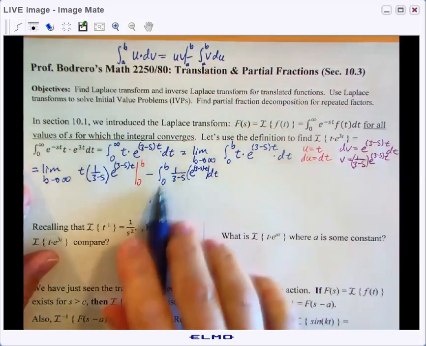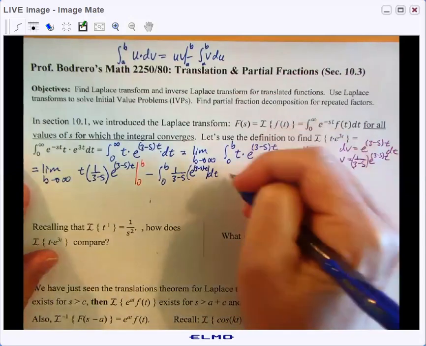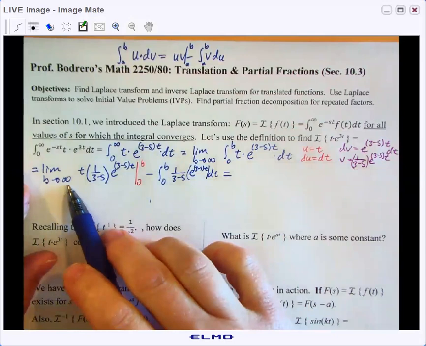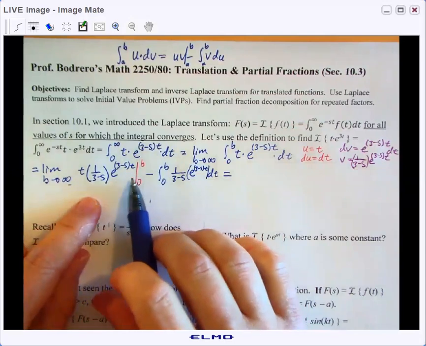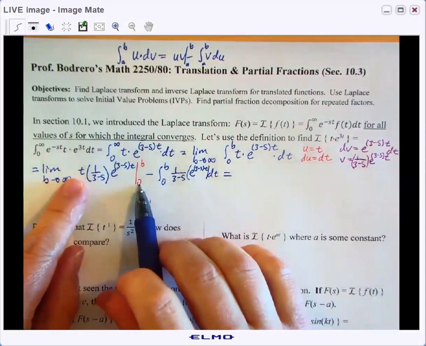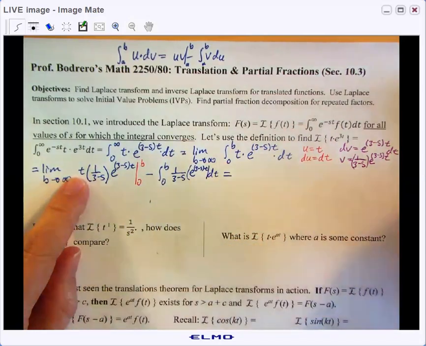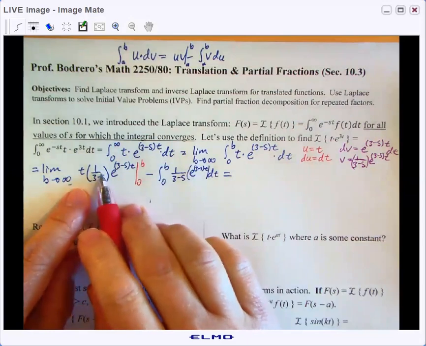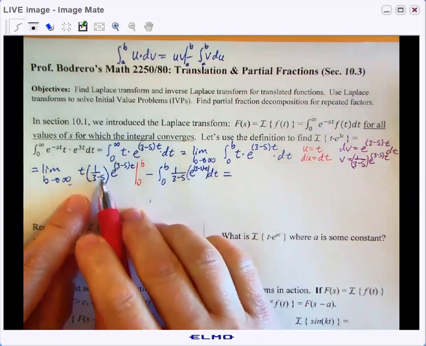All right, so let's go ahead and do our two parts here. Let's do the first part and see what happens as we evaluate. Well, when we put in t equals 0, we're going to get 0 because that's going to be multiplied by 0. And notice that s can't be 3, otherwise we get to divide by 0, which destroys the universe. We don't like that.